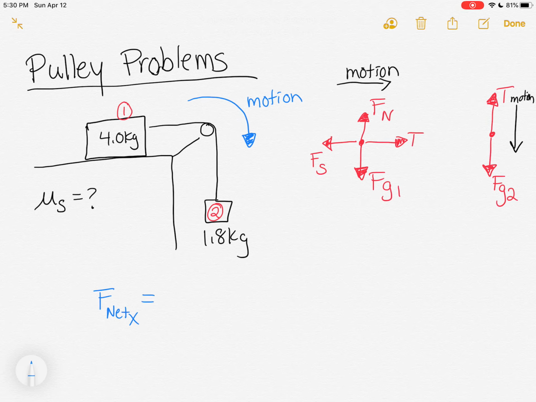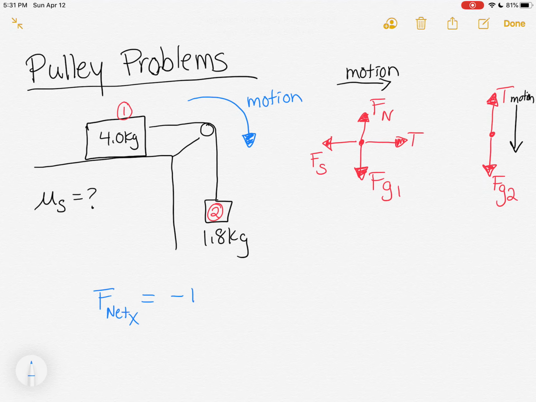Okay, and so we are going to add in our x forces, so the forces on the x-axis for block number 1, and the forces on technically the y-axis for block number 2, but we're saying that the y-axis of block number 2 is just a continuation of the x-axis for block number 1.